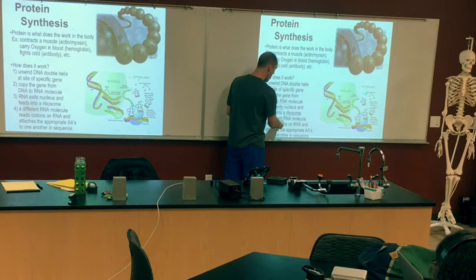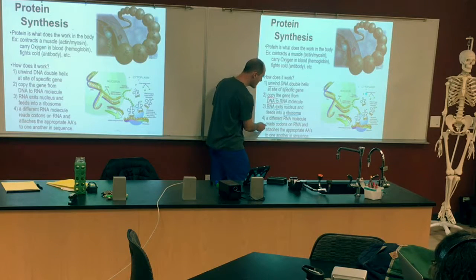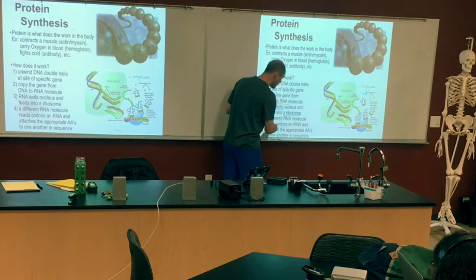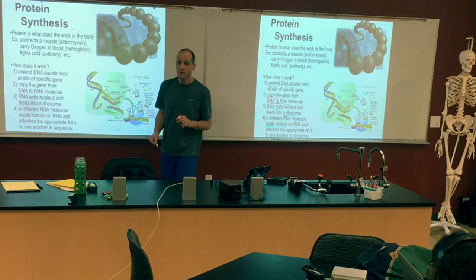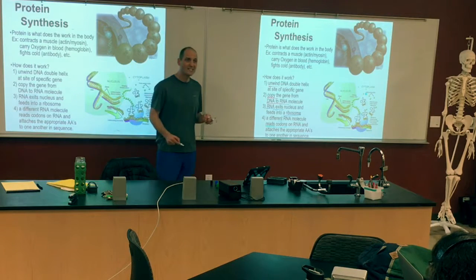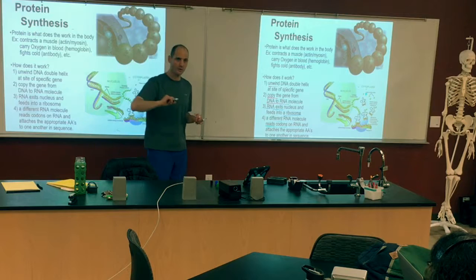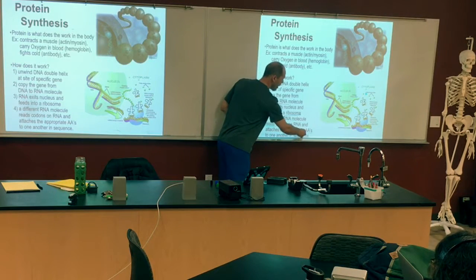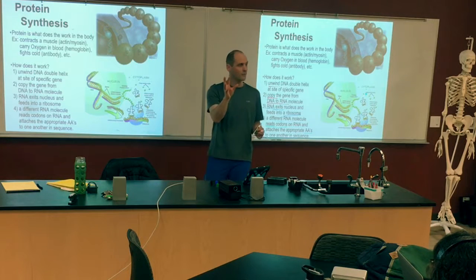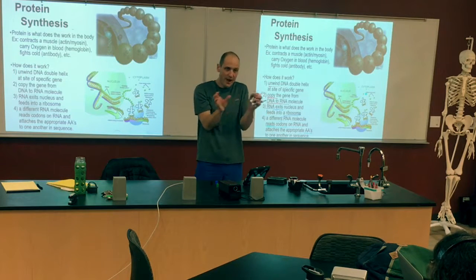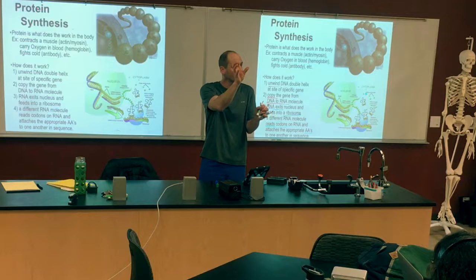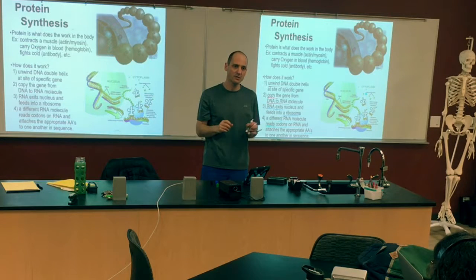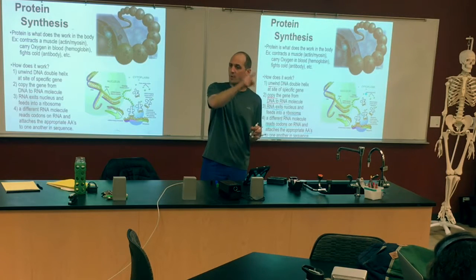It's actually a different RNA molecule that reads on one side the codon, and on the other side, it knows what amino acid is specific for that codon. And then it brings that amino acid onto the chain where it's needed, when it's read at the right time, and attaches the amino acid to the previous amino acid. So that's how we're going to make that little chain.